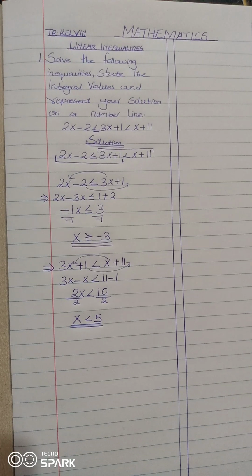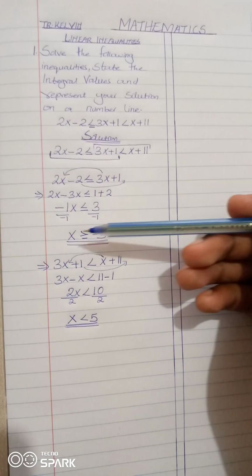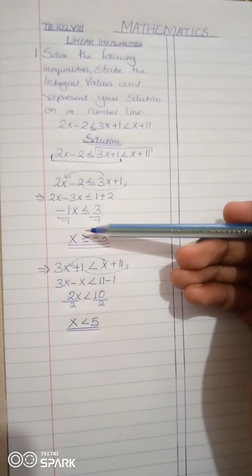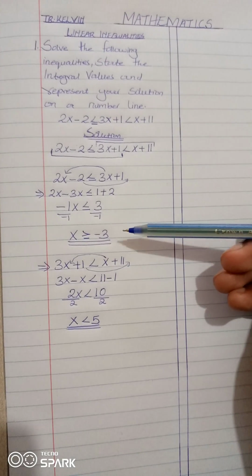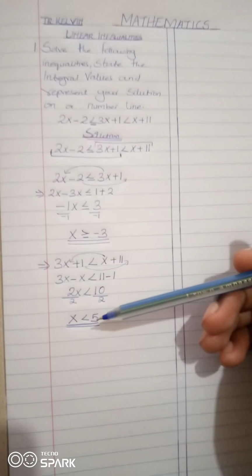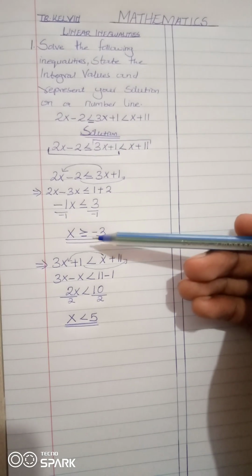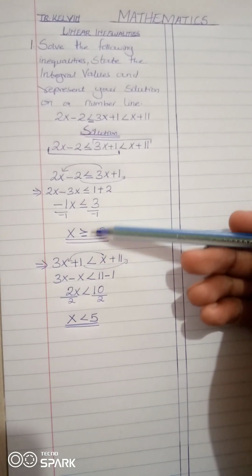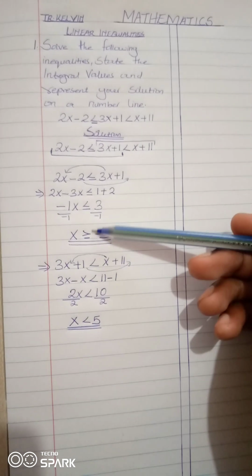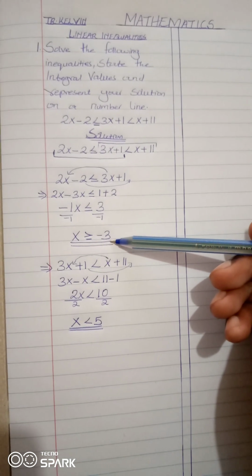So you'll check your two solutions. You have x is greater than or equal to negative 3, and we have x is less than 5. You will start with this one, x is greater than or equal to negative 3.